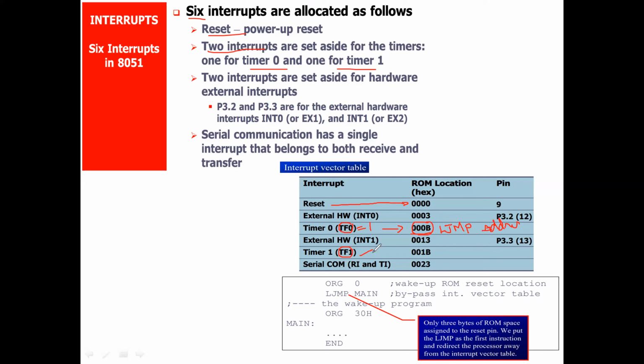Similarly, if the timer 1 flag is 1, the controller will automatically jump to its location, where the instruction will be like LJMP to some other address. Everything will be taken care of by the controller, so we are not going to do anything except decide what operation is required when this flag occurs.